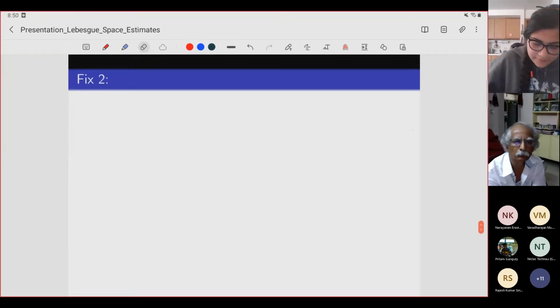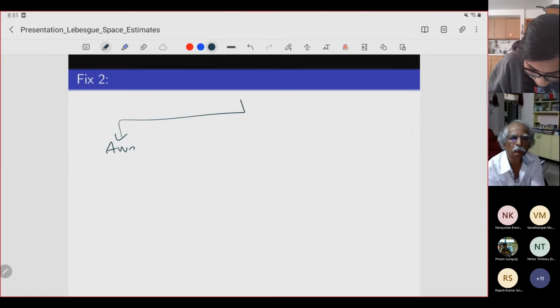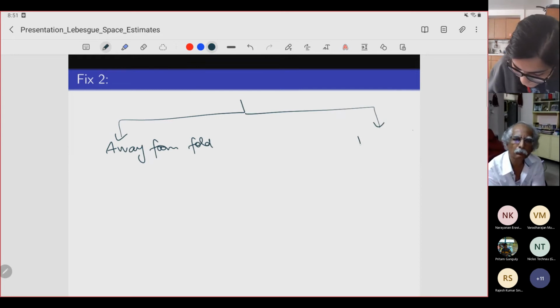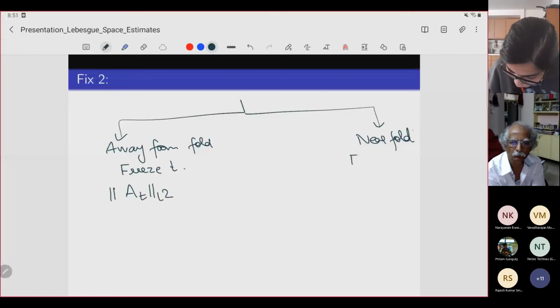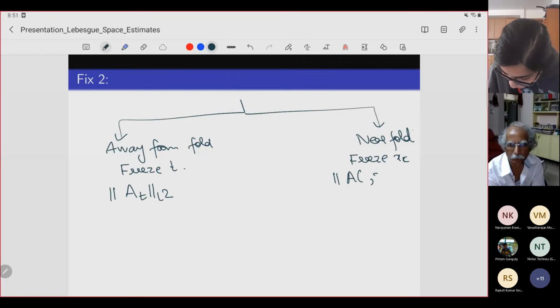So basically, this is what's happening. You have two regimes: away from the fold surface and then near the fold surface. Away from the fold surface, you freeze t and obtain optimal L2 estimates for each fixed t. But near the fold surface, you freeze x kappa, and then you obtain L2 estimates for each frozen x kappa.